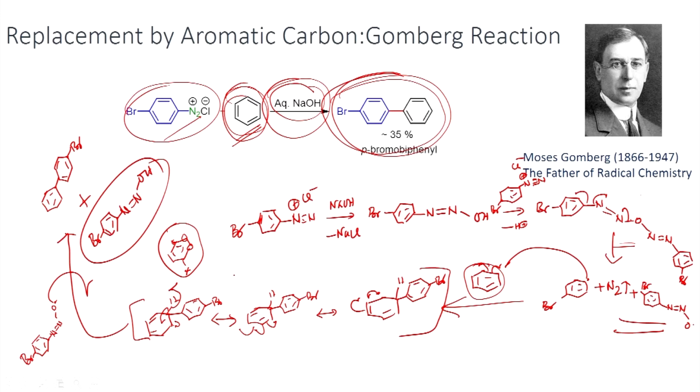On the other hand, if you have a symmetrical substrate, then you will be able to selectively react this carbon or this carbon, then you will get a smaller number of products. On the other hand, if mono substituted, you will get a mixture of compounds.